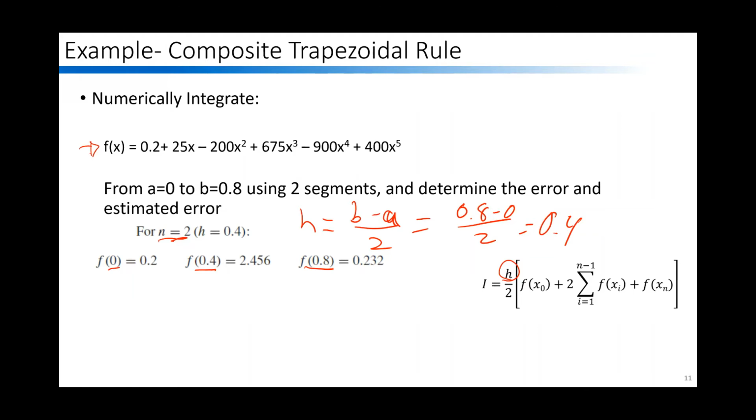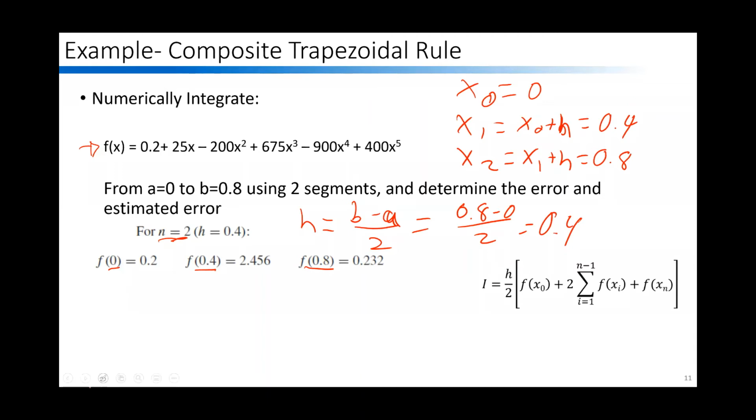So x0 equals 0, x1 equals x0 plus h equals 0.4, and x2 equals x1 plus h equals 0.8. Right? So I can plug those in. Now I have the h that I need. I have f0. I've got all my internal f's, and I have my f of xn. Now I'm ready to go in and plug into my equation.